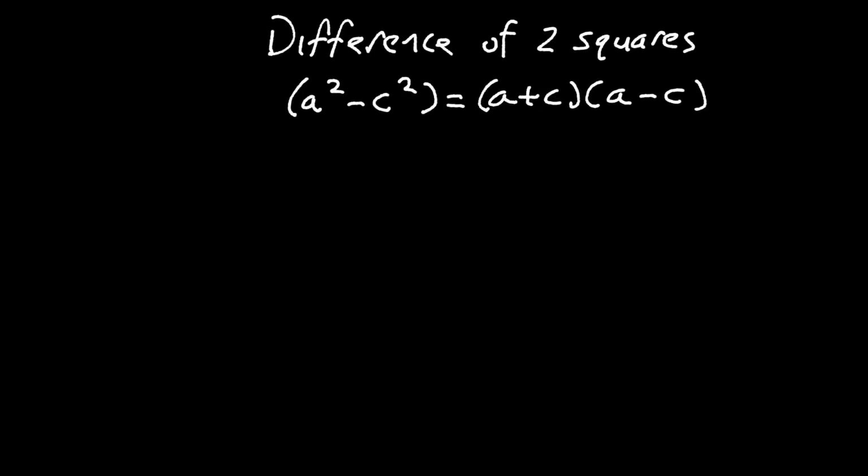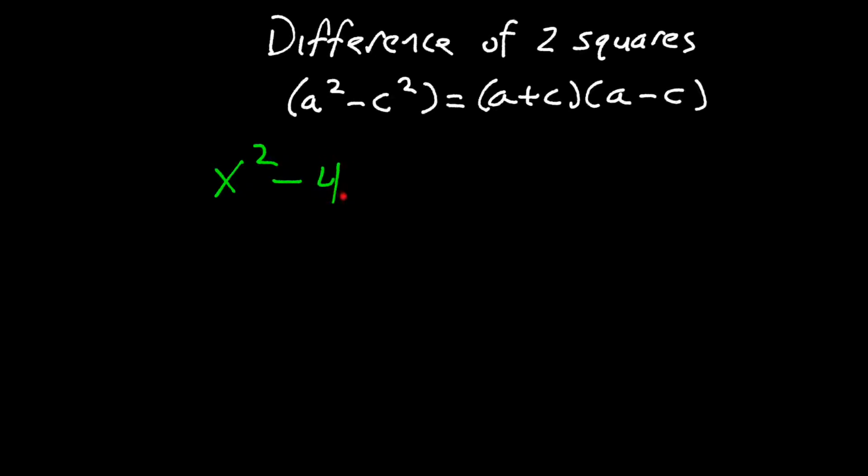Our first special product method is the difference of two squares, and I've shown a little method for it here. If a squared minus c squared occurs in your quadratic function, then we factor it down to a plus c and a minus c. What does this mean? If we have x squared minus 4, for instance, I have a perfect square over here, which is x squared, and I have a perfect square over here as my constant, which is 4.